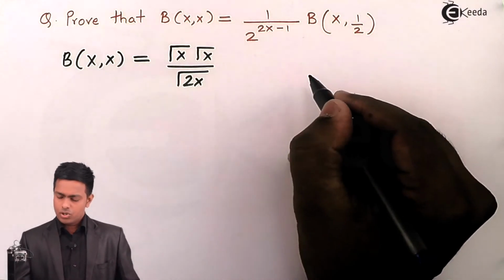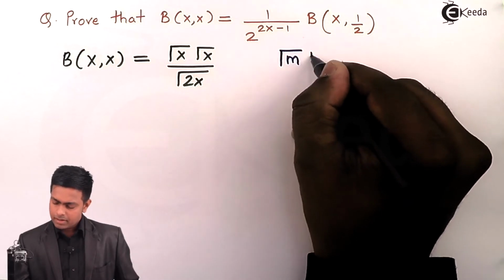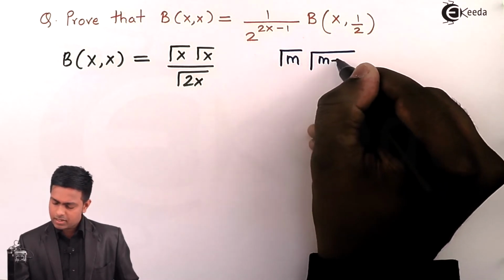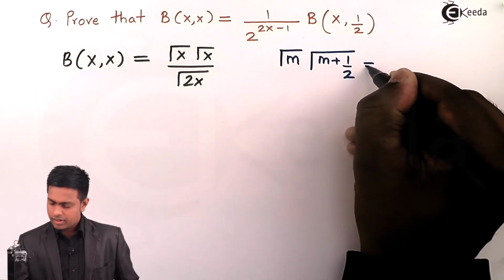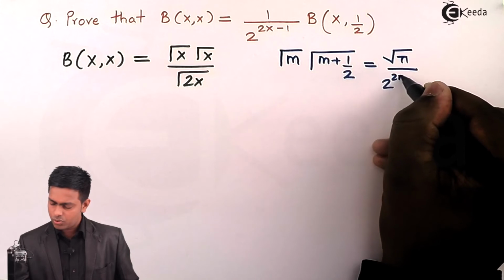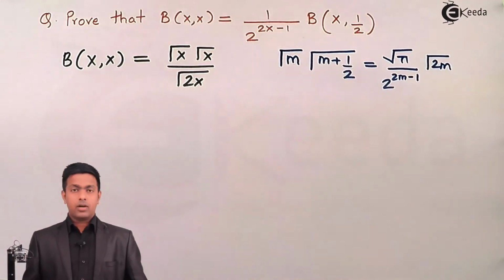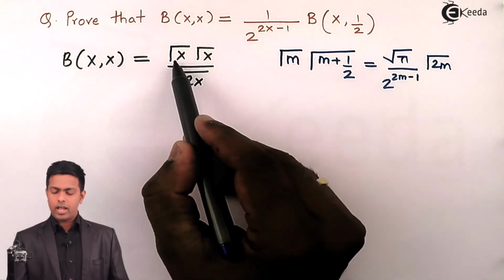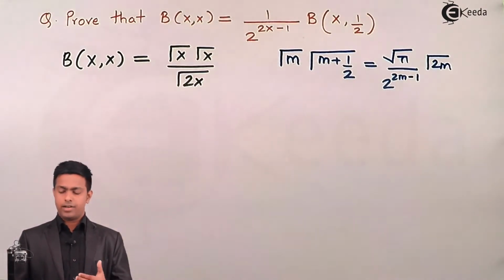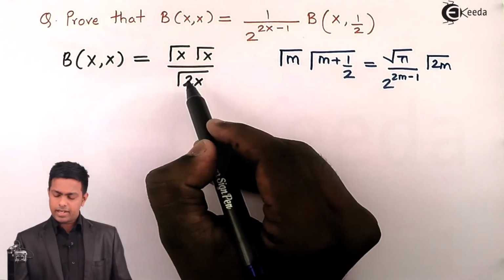Here I'll show you. It is nothing but gamma m plus half is equal to root pi by 2 raised to 2m minus 1 gamma 2m. Now guys, in our case we have x, so here instead of m you can call it as x. So this is gamma x upon gamma 2x.